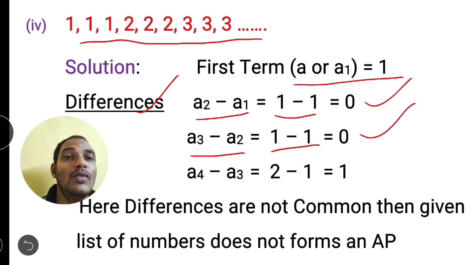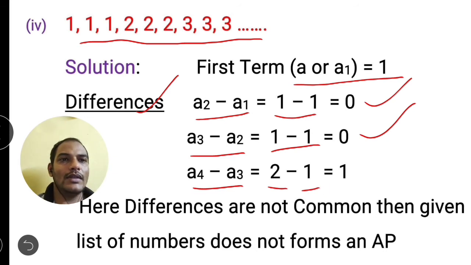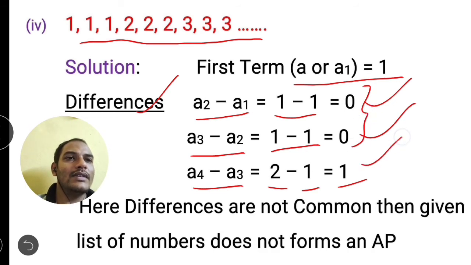Let's go for one more difference. A4 minus A3 equals 2 minus 1, so 2 minus 1 is 1. Here the first two differences are the same, but the third difference is different. So the given list of numbers does not form an arithmetic progression.